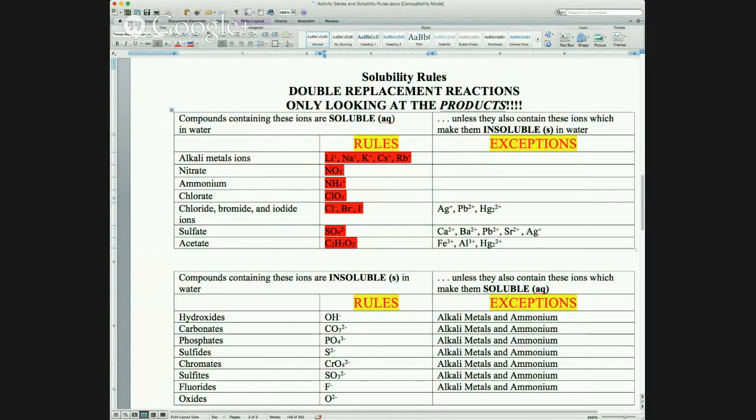However, if one of the rules, like these bottom three, are paired with one of these other ions, the ions on the right are the exceptions, which would make it a yes. So I'm going to make these green, okay? All right, so this is the no column. This is the yes column, okay?